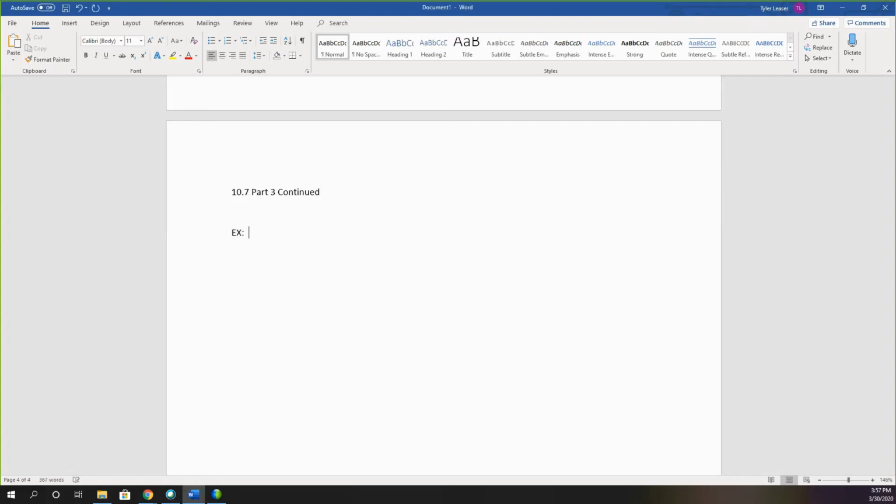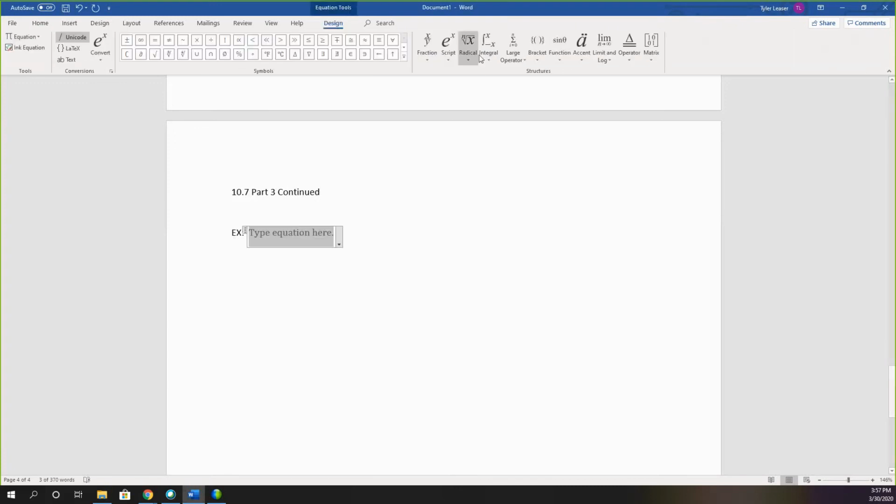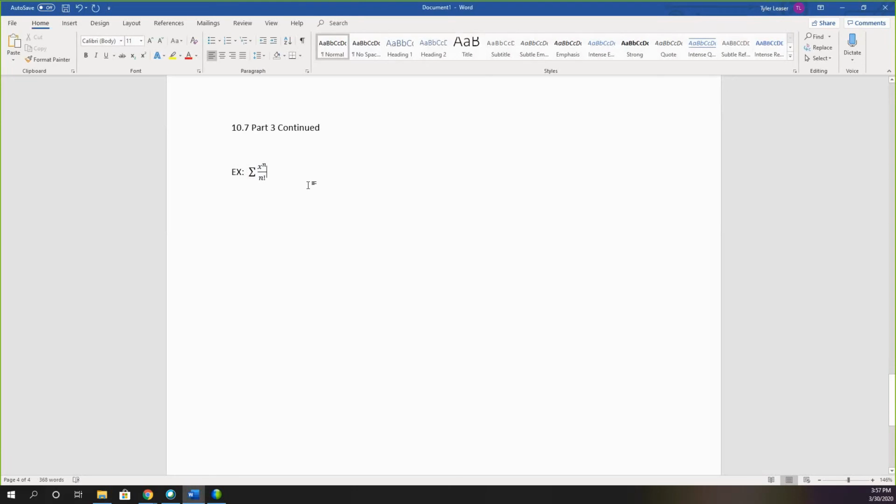So let's just do one more quick example of finding the interval and radius of convergence of these power series. In this example, we're going to do the infinite sum, still going from n equals 0 to infinity, but now we're going to do x to the n divided by n factorial. So we want to know where this power series converges.